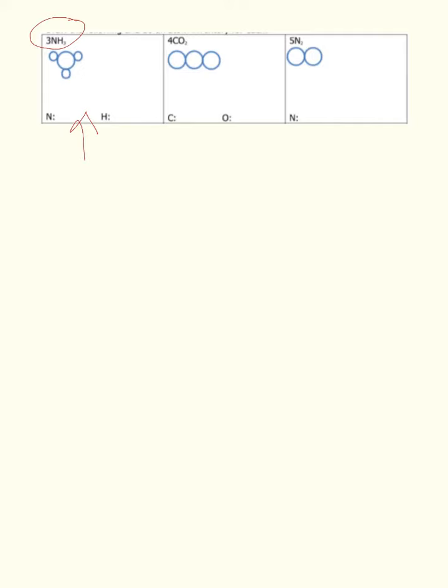3NH3. And the big circle in the middle is for our N, and these little ones around the outside of it are our H's. And if we draw 3 of them, we'll count the example as the first one, and then we'll draw 2 more.